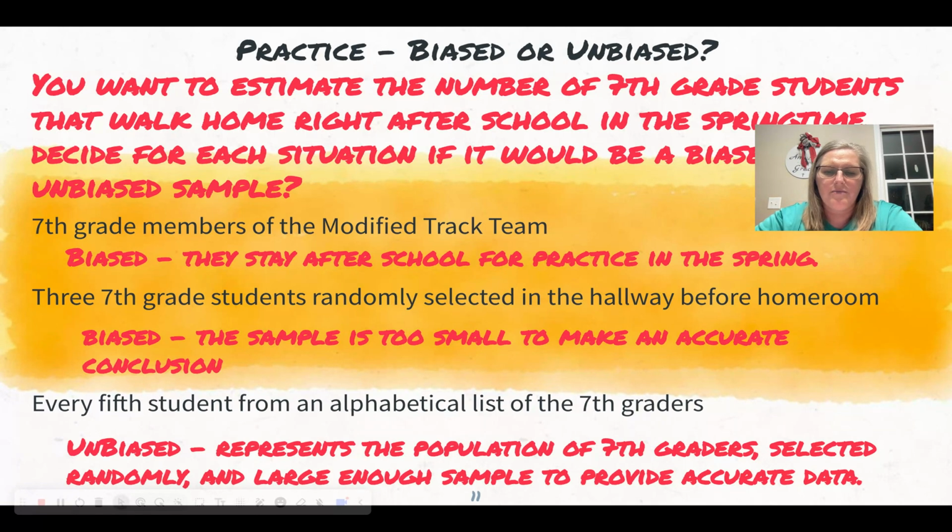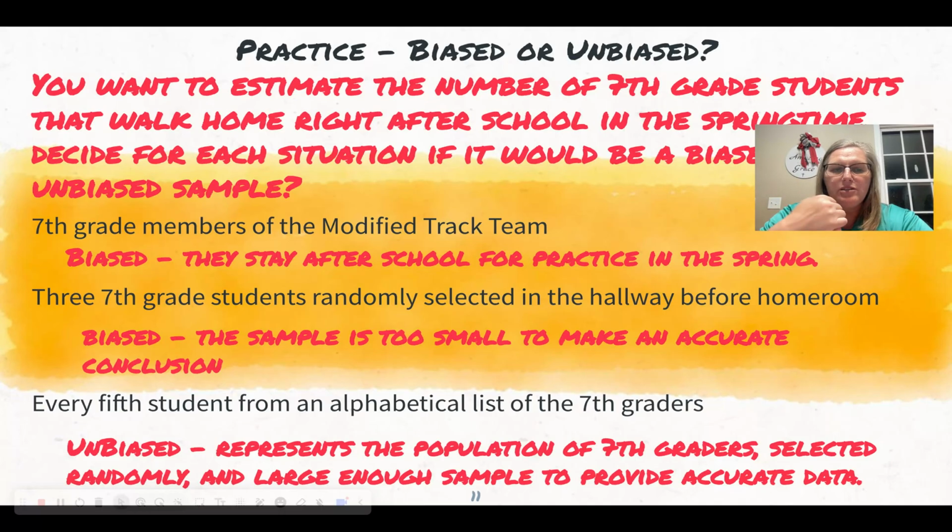Let's see. Oh, I think this is the end of our presentation. So basically from this lesson, I wanted you to get what's the difference between population and a sample, and also what's the difference between bias and unbiased. Remember, a population is like a whole entire school, where a sample would only be like one class level.